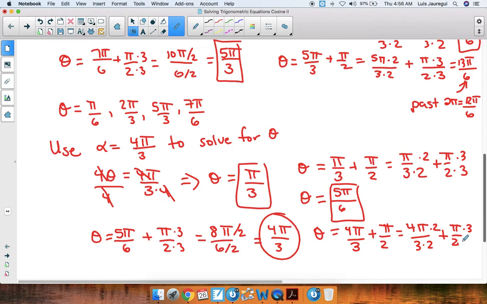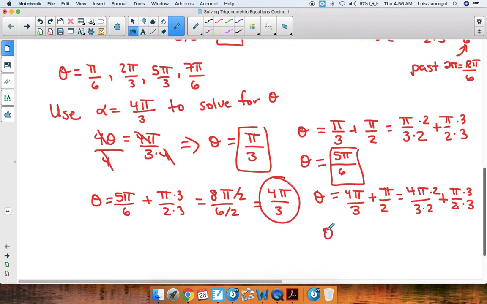That way we can get that same denominator. So we have here that our theta is going to be 8 pi plus 3 pi, which is 11 pi, all over 6. Now, if we were to add another value, we see that we're going to go beyond the 2 pi. So we're going to stop here with this other value.